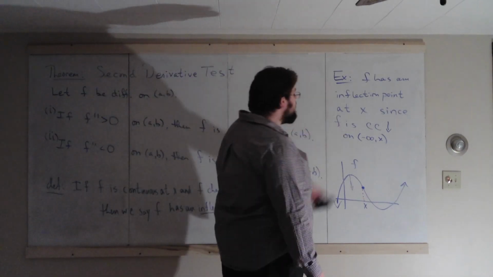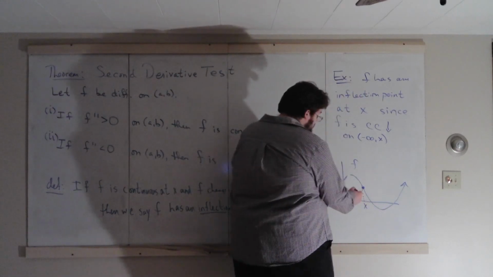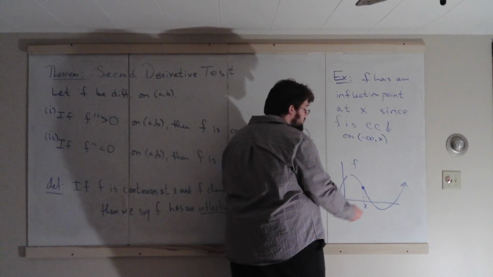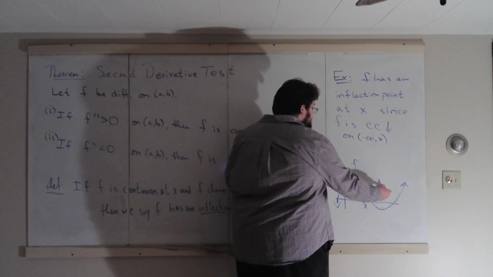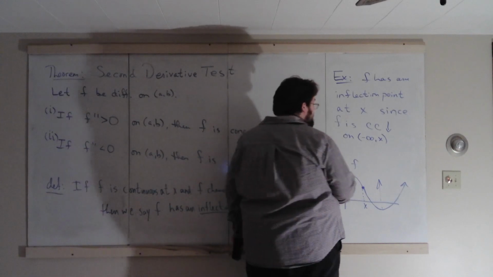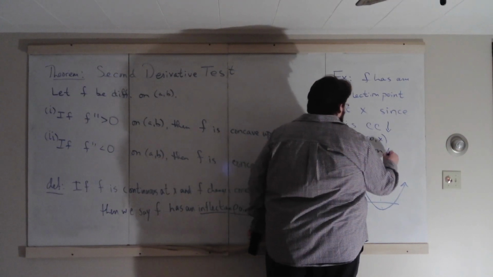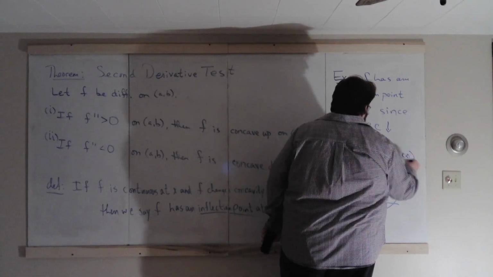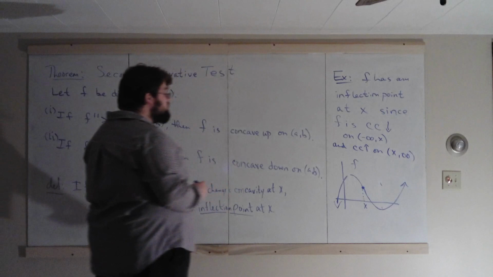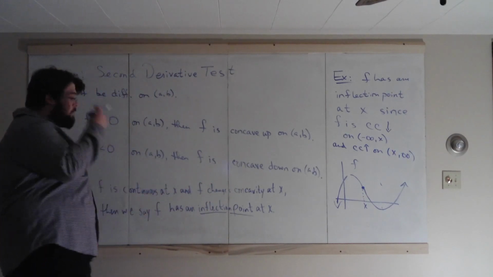So f is concave down on negative infinity to x, but after x, we have a piece of a curve that looks like that, where its caved in portion is pointing upwards. So since f is concave down on that interval and concave up on x to infinity, at x, f changes concavity. In this case, it changes from concave down to concave up.